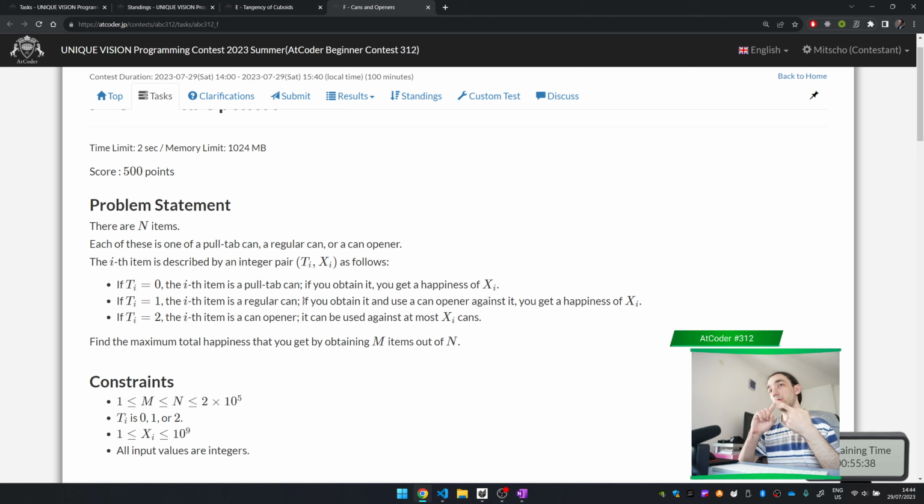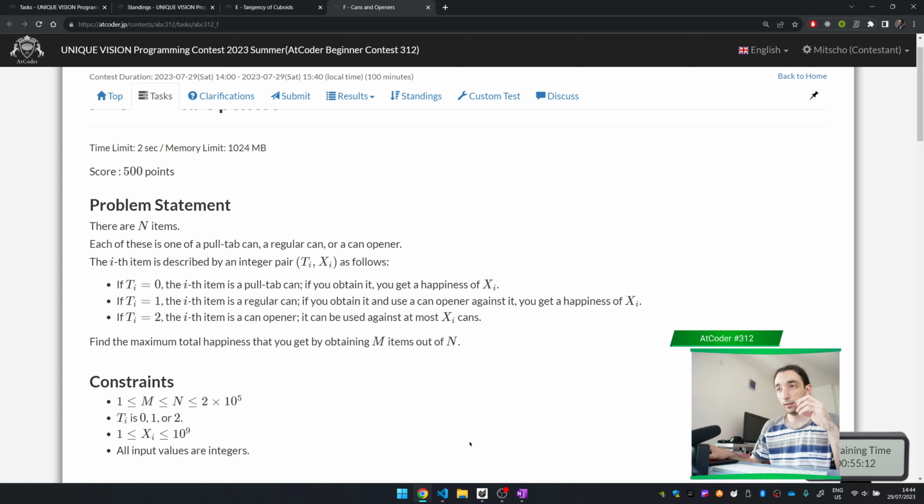Okay, so sort the can openers by the number of cans they can open. Then you sort the regular cans by the happiness.